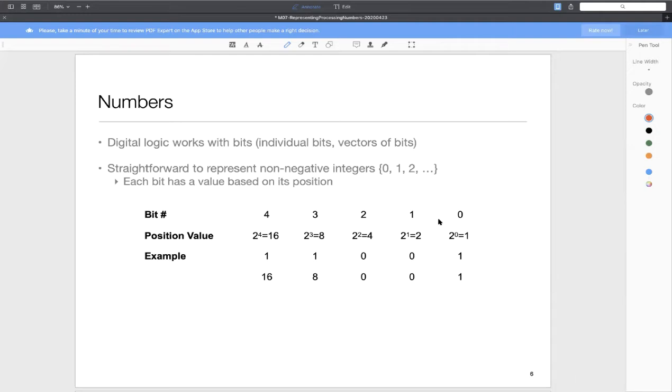So at this point we have a 16, because we have a 1 as the base value, and 2 to the power 3 gives 8. Then we add them up to get the number 25. Later on today we will see how we can generalize this concept to represent signed numbers, real numbers, and things like that. But for now we know how to represent positive numbers, so 0, 1, 2, 3, and so on and so forth.